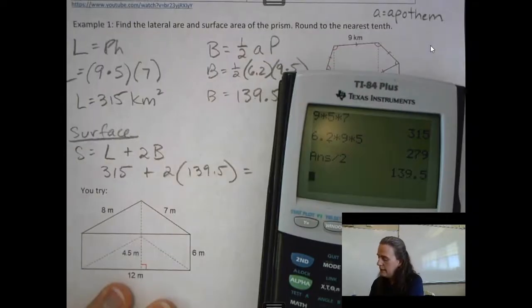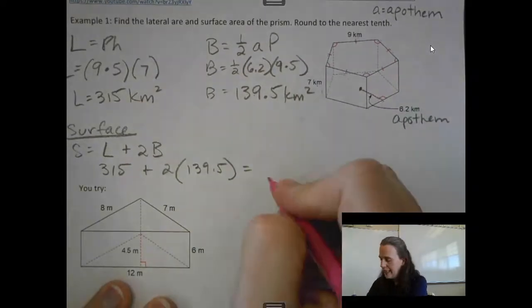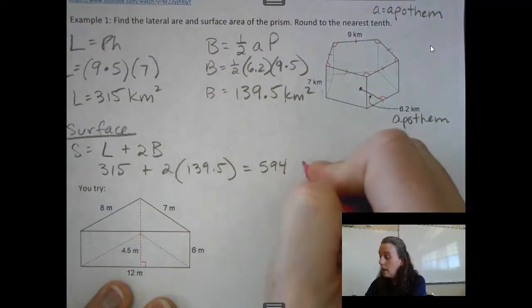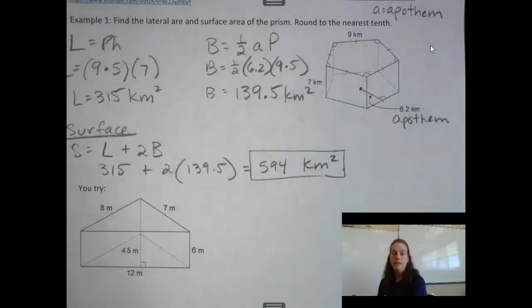Okay, calculator, plus 2 times 139.5. Check and make sure you can get 594 kilometers squared for the entire outside area, the whole surface put together.